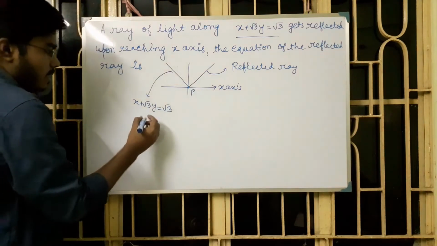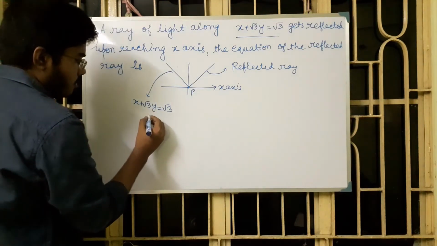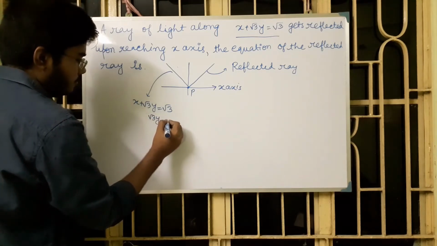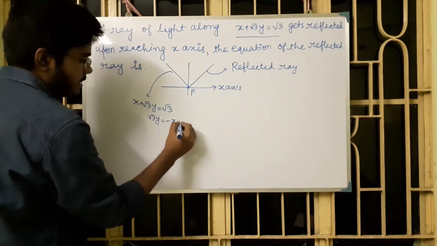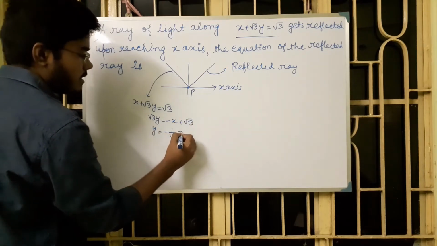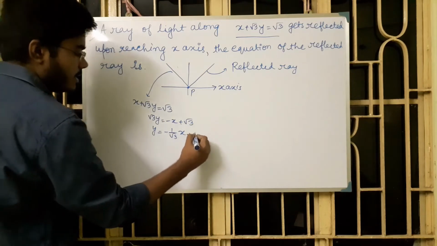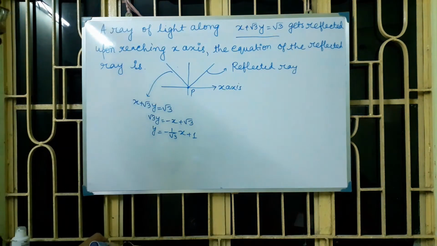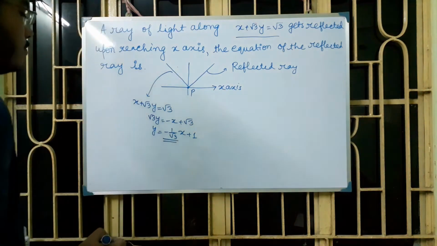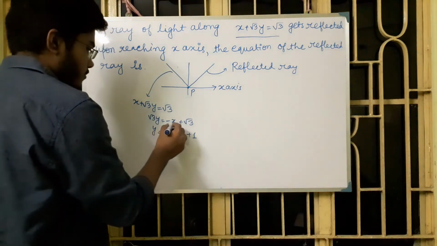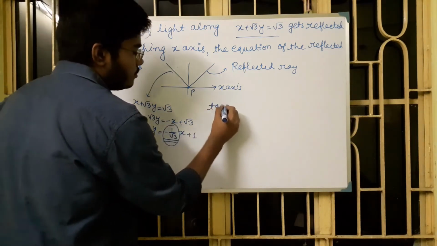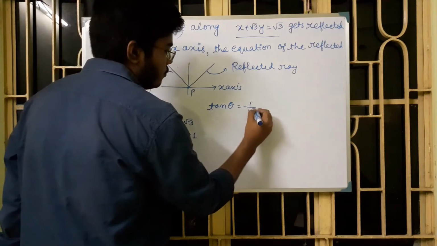And what is the slope of the straight line? Root 3 y equals minus x plus root 3, and y equals minus 1 upon root 3 into x plus root 3 by 3, that is 1. So the slope is minus 1 by root 3. So tan theta equals minus 1 upon root 3.